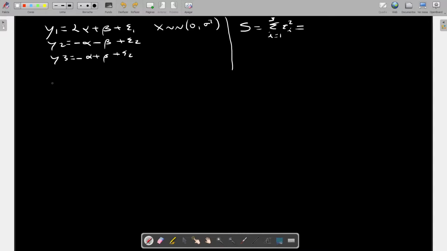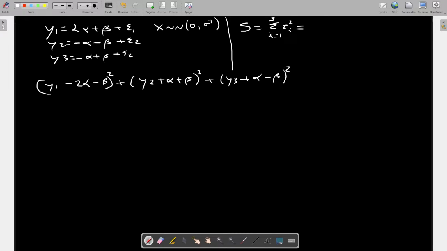So let's begin. y1 minus 2 alpha minus beta, squared, plus we are adding all those up, so same thing for this one, y2 plus alpha plus beta, squared, and then adding the other one, y3 plus alpha minus beta, squared.